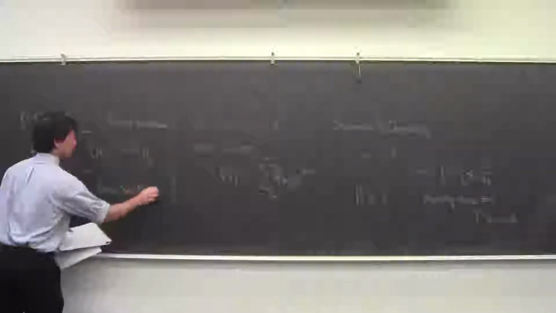The Radon transform is what happens when you have some function on the plane, and you're given information about its integrals over lines. You don't know the actual values of the function.